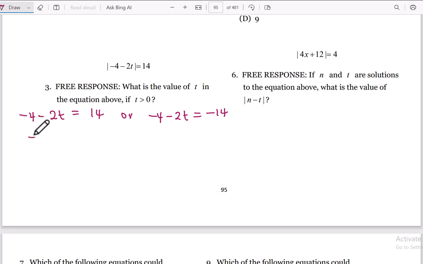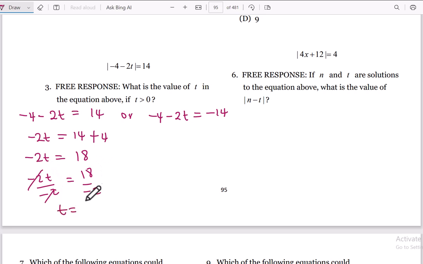Then I have negative 2t is equal to 14 plus 4, because this is coming over here. So negative 2t is equal to 14 plus 4, which is 18, right? So let's divide both sides by negative 2. 18 divided by negative 2. So the negative 2's cancel out and t is minus 9, right?